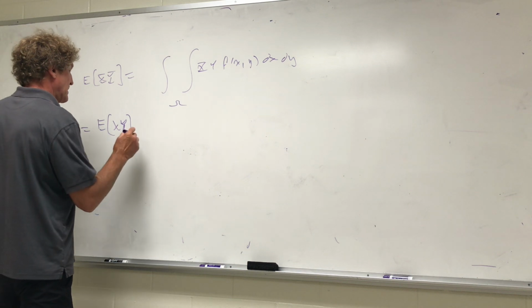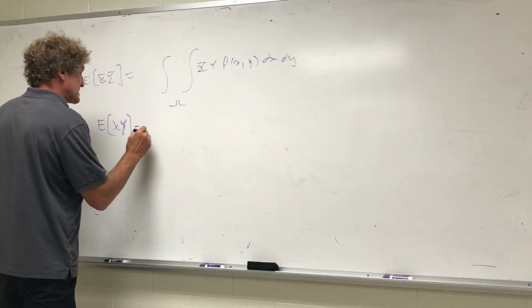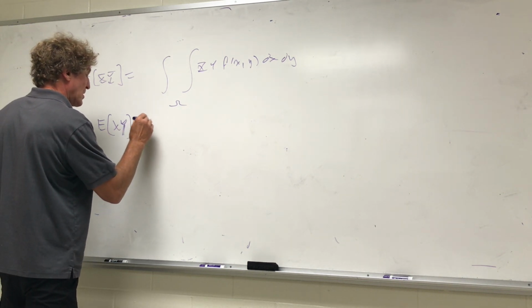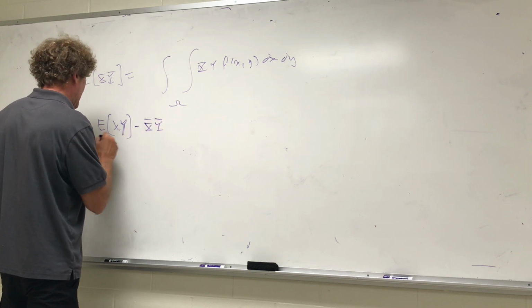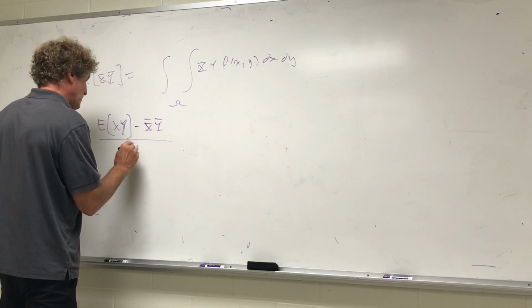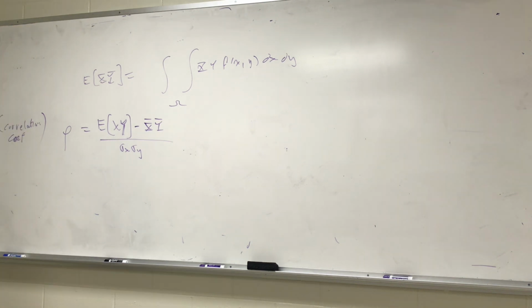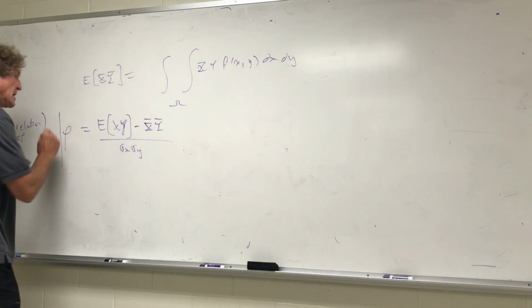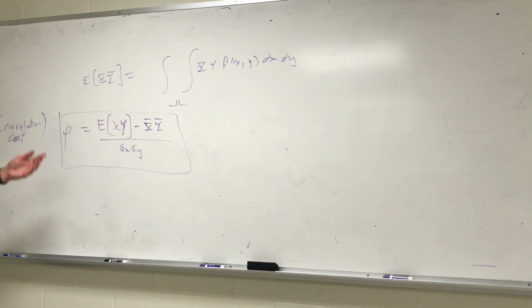And then it's going to be minus x bar, y bar, we can prove how to get this, over sigma x, sigma y. Didn't I put that down last time? Now this is real important here. If we have variables x and y and they are dependent on one another, in other words, x depends on y and y depends on x, then you get this.